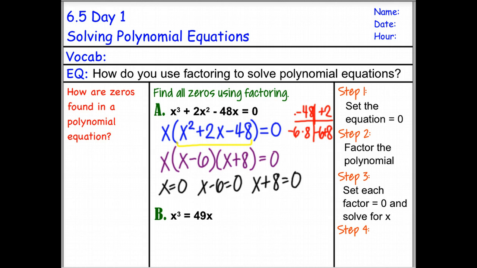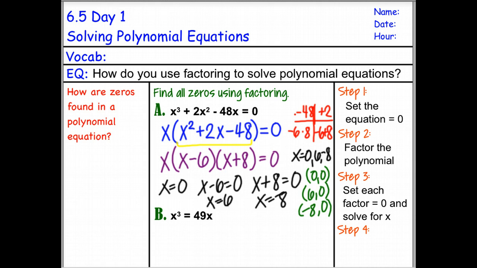When we solve them, x equals 0, adding 6 to both sides x equals 6, and x equals negative 8. That means my zeros are x equals 0, 6, and negative 8, which if we wanted you to write those as ordered pairs would be (0, 0), (6, 0), and (negative 8, 0).